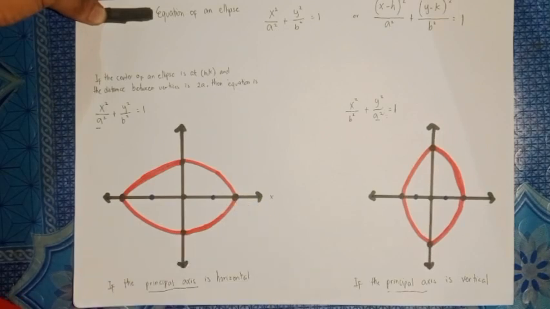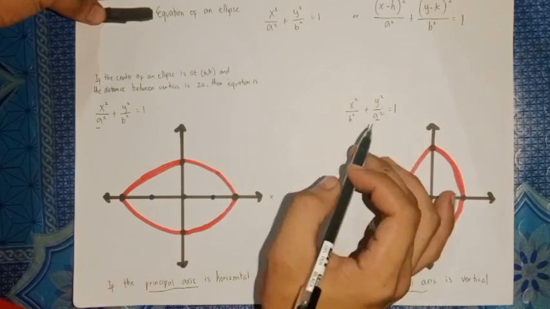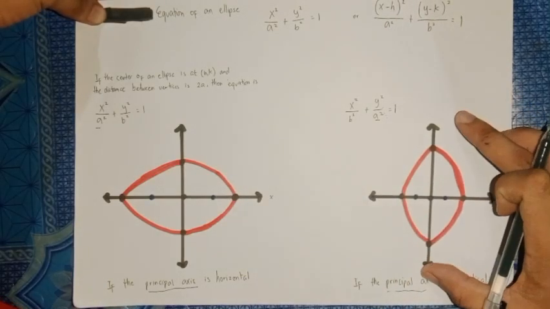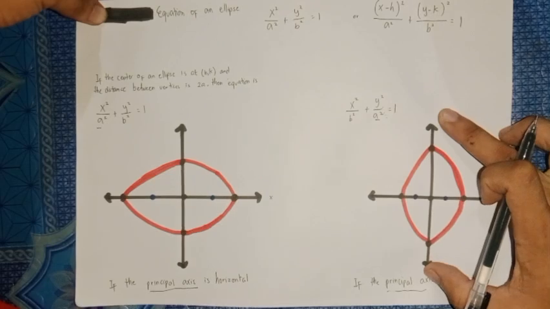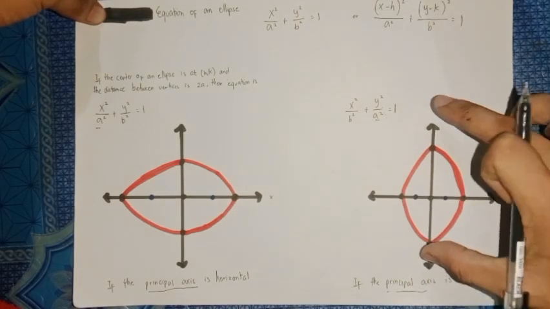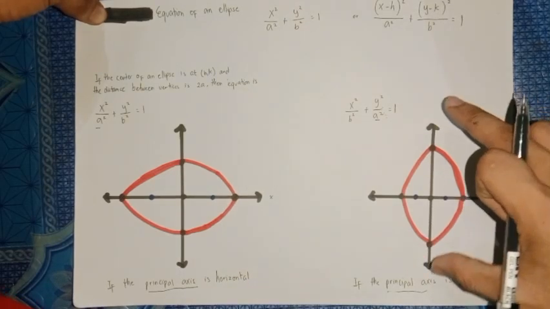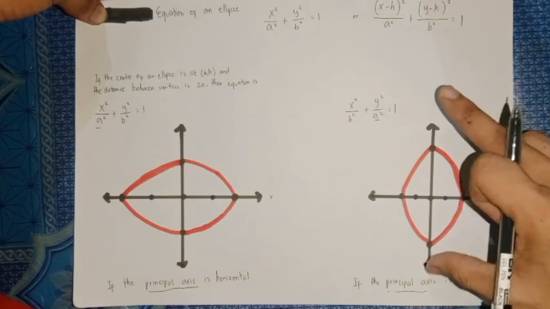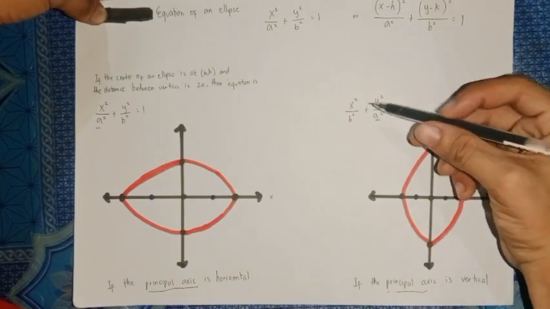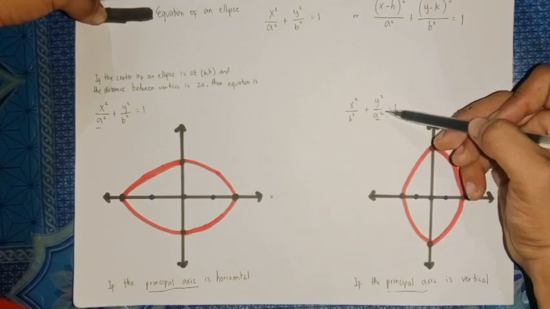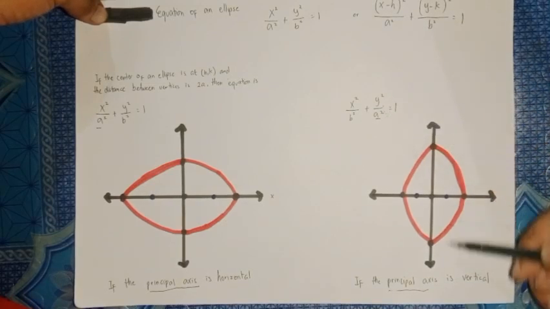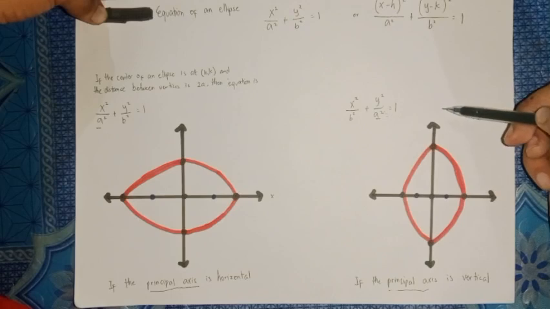Now, if the principal axis is vertical, or the major axis is vertical, or the longest diameter is vertical, we will use this formula: x squared over b squared plus y squared over a squared is equal to 1. Again, if the principal axis is vertical or it lies on the y-axis, we will use this formula.